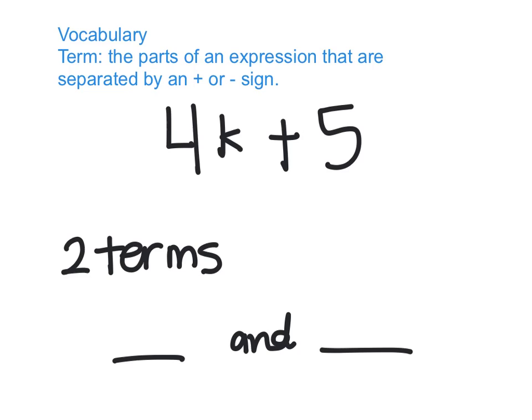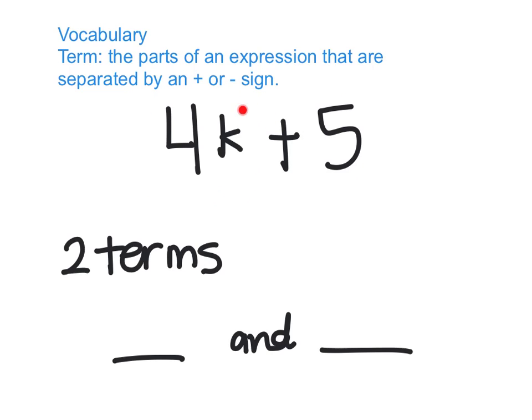Okay, vocabulary. The first thing I'm going to teach you is the word term. When we're talking expressions, the word term is the parts of an expression that are separated by an addition or a subtraction sign. So you'll notice here that we have an addition sign. Now there's a left side and a right side of our addition sign.